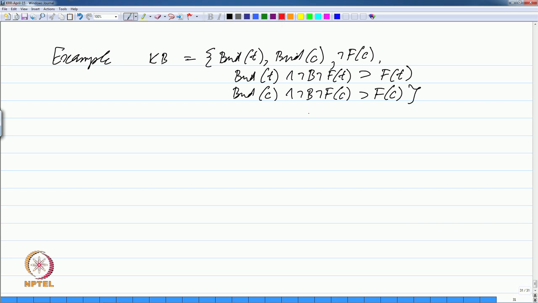So, essentially we have two belief statements, one about Tweety not flying and one about Chili not flying essentially. So, let us just look at the four possible cases here one by one.